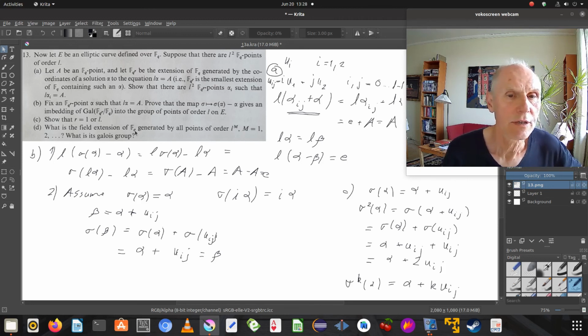Now D, the extension field generated by all the points.